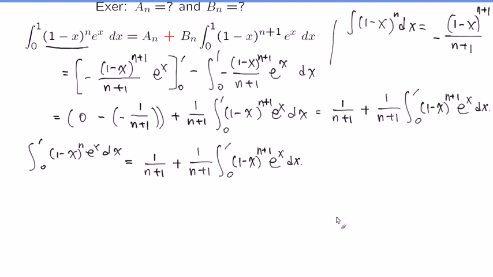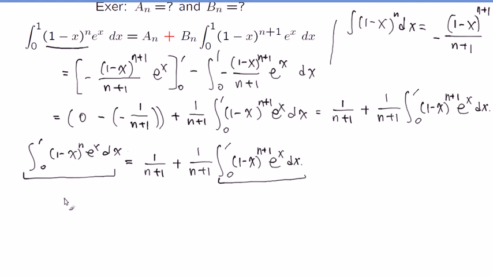So we got this one. Agree? The first one is 1 over n plus 1, the coefficient of this one. And after you do that, this one looks a lot like it, very clean. Everything is the same except that one exponent, correct? Yeah. And I'd like to claim that fn(x) is not a good name for this one.